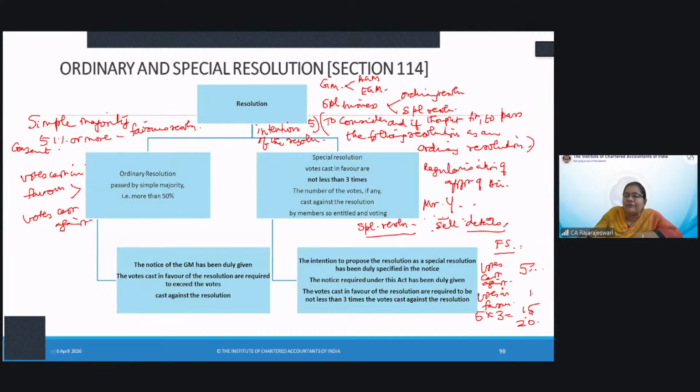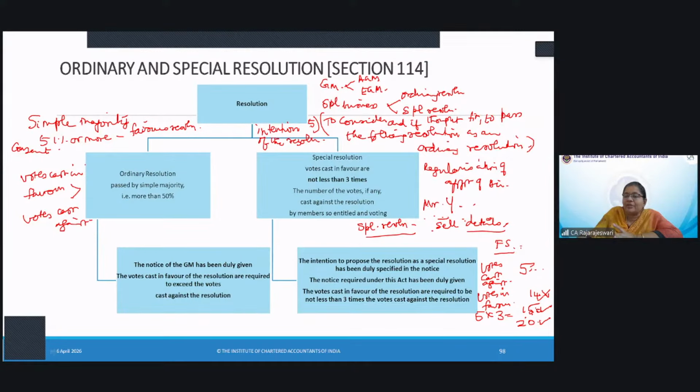Suppose I have only 14 votes in favor of that resolution, then that resolution cannot be passed because it is less than 3 times the votes cast against the resolution. 15 is accepted. So exactly on the margin, it is accepted. 20 is safe.